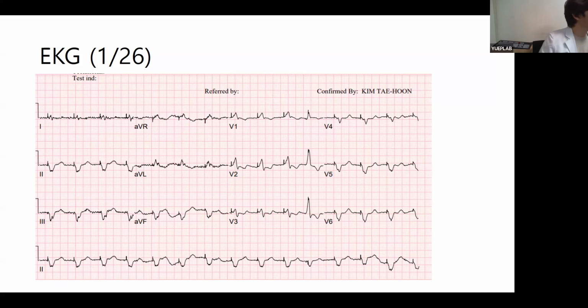So, Professor Kim, could you please explain what is the optimal ECG finding after CRT-D? Optimal finding, yeah. In my limited experience, this ECG is not very ideal.